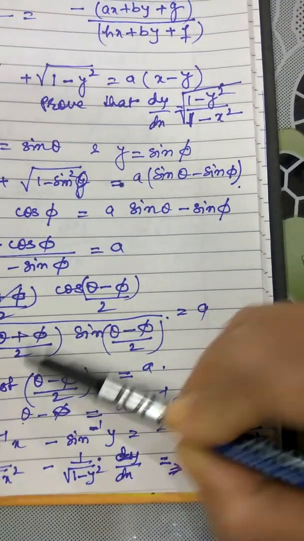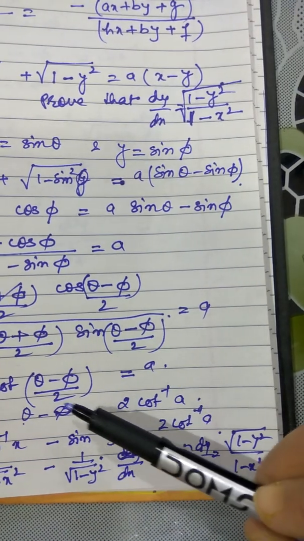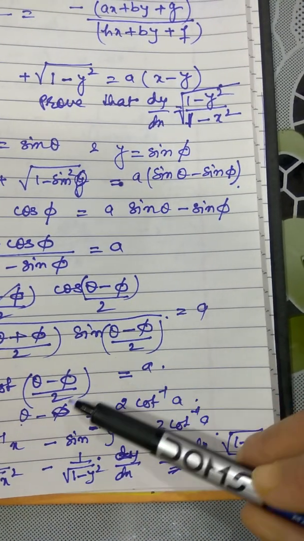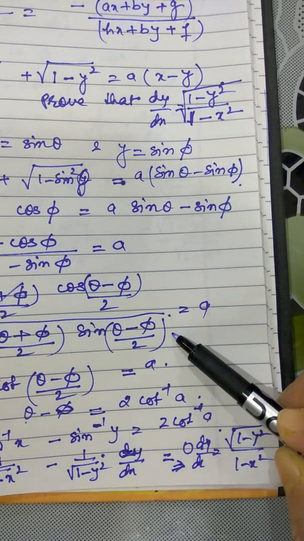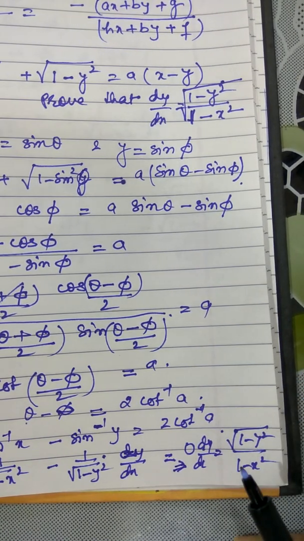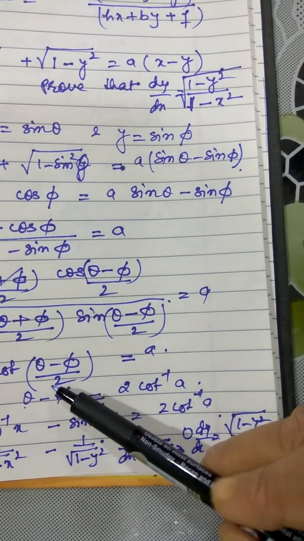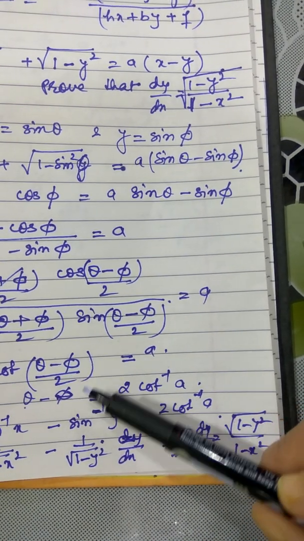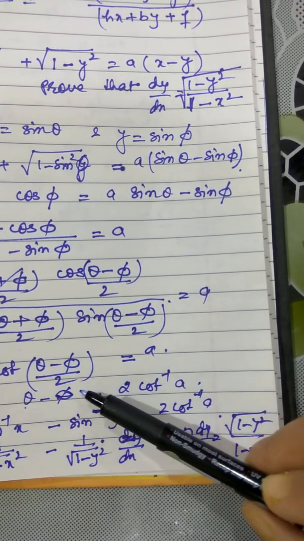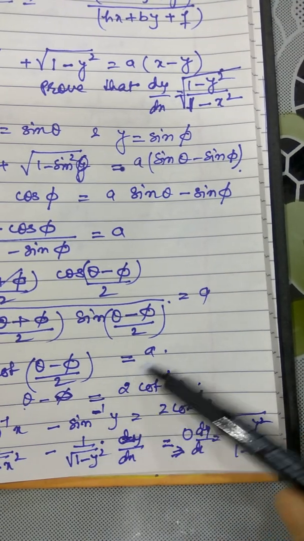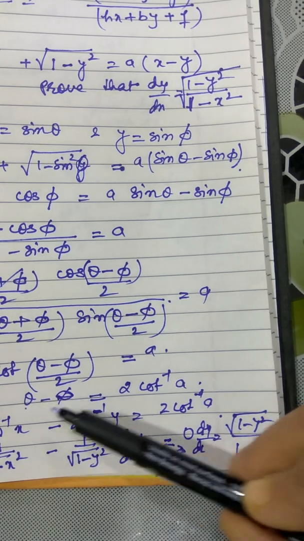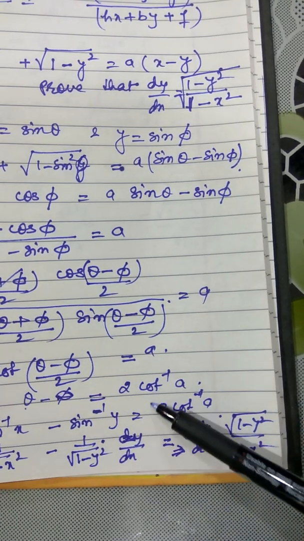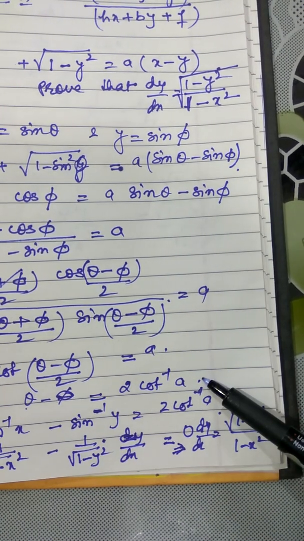This is cancelled and you are getting cot((θ − φ)/2) = a. So θ − φ = 2 cot⁻¹ a.